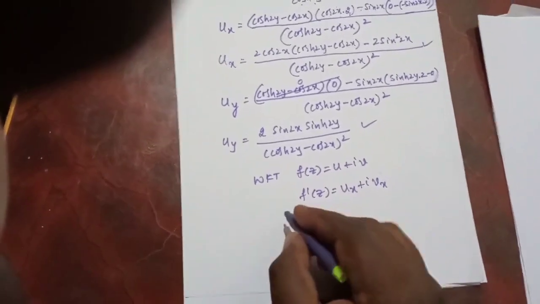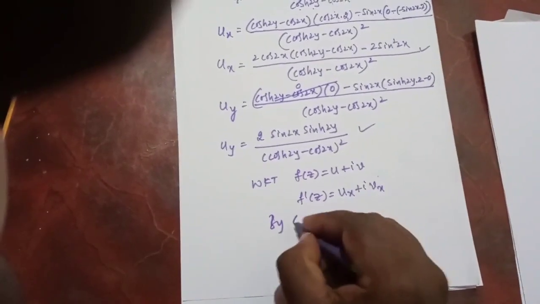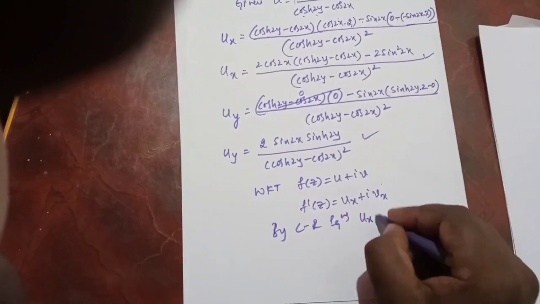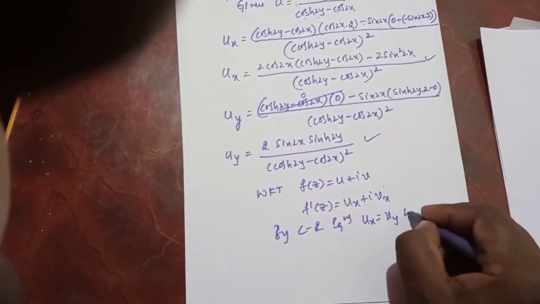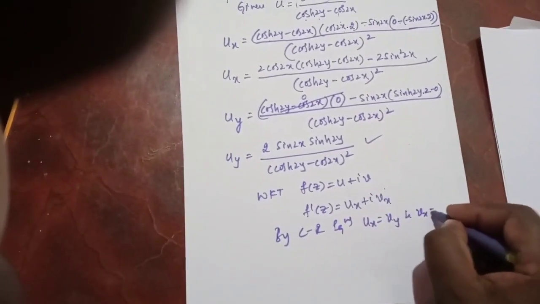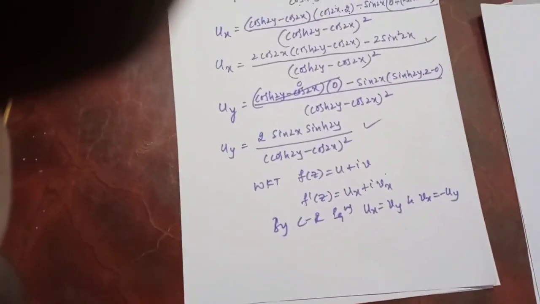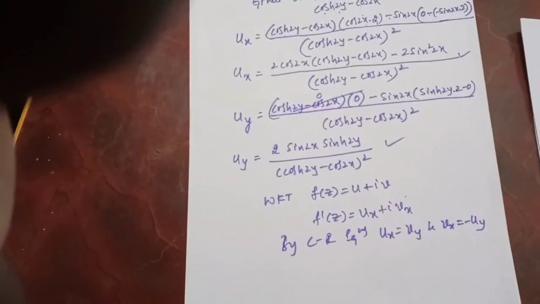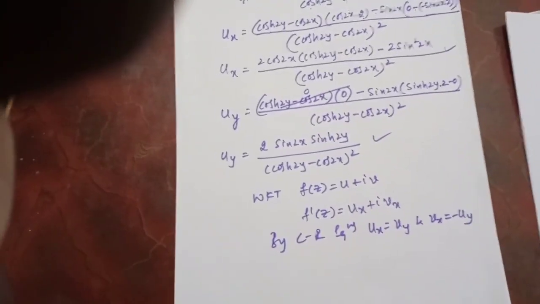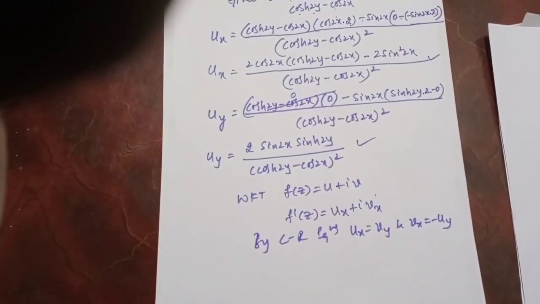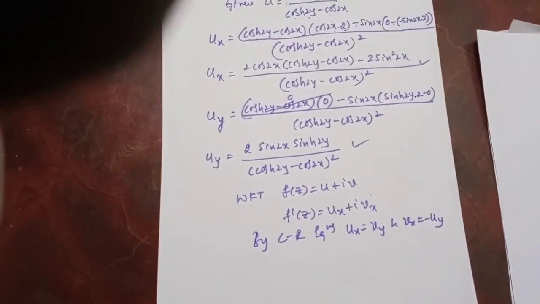So by CR equations, what are our CR equations? u suffix x equal to v suffix y, and v suffix x equal to minus u suffix y.